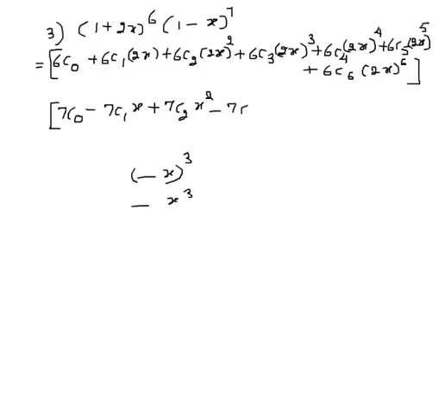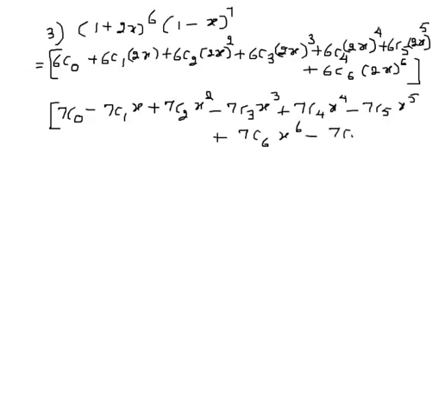So third term is negative. Minus 7c3 x cube, alternate positive and negative signs it will get, plus 7c4 x raised to 4, minus 7c5 x raised to 5, plus 7c6 x raised to 6, and minus 7c7 x raised to 7.